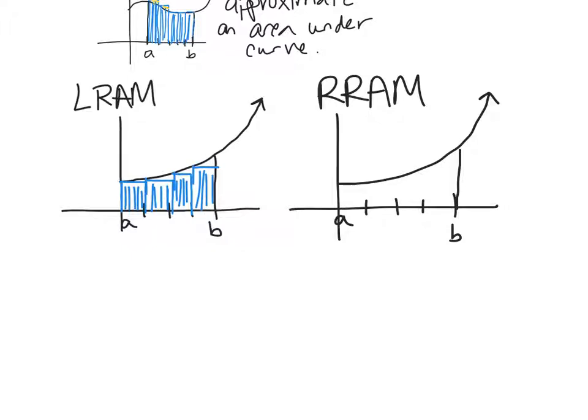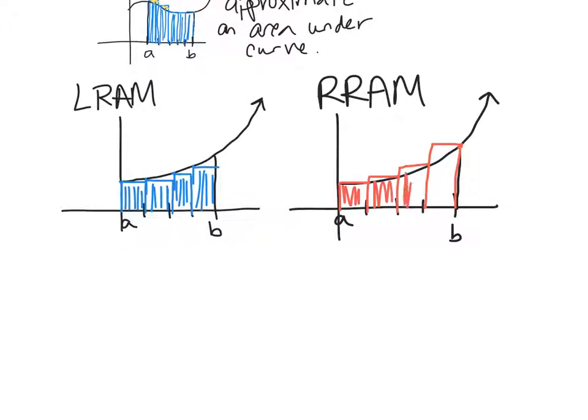I usually like to start over here at B, though you could start at the first tick mark. You're going to be on the right side of the rectangle is where your curve hits. So it's going to be an overestimate, isn't it? Like that. Yep.